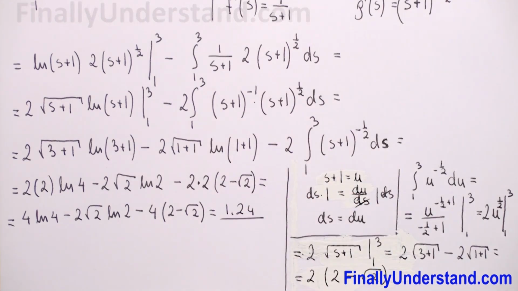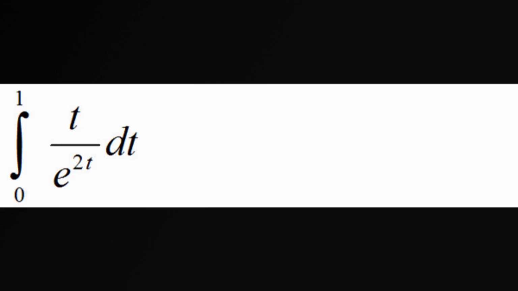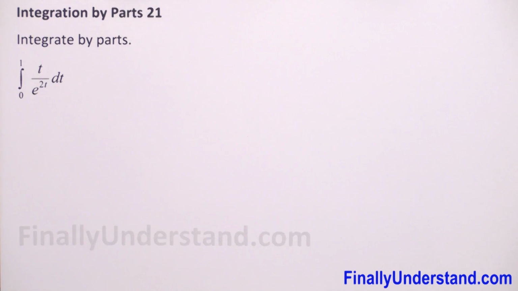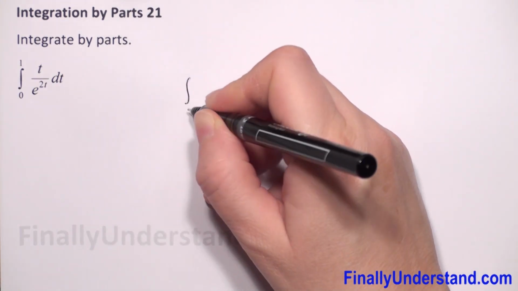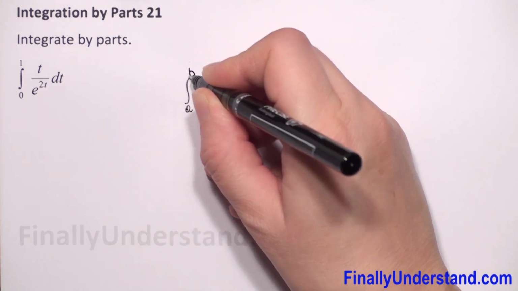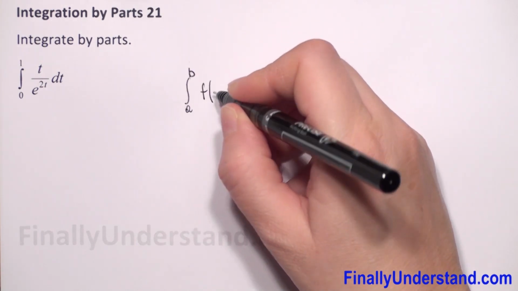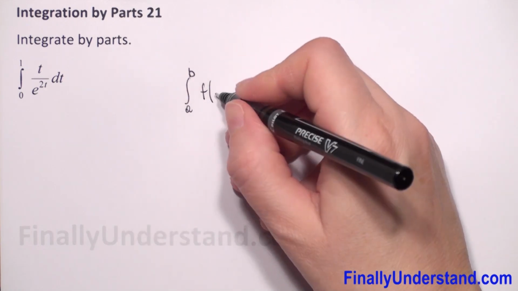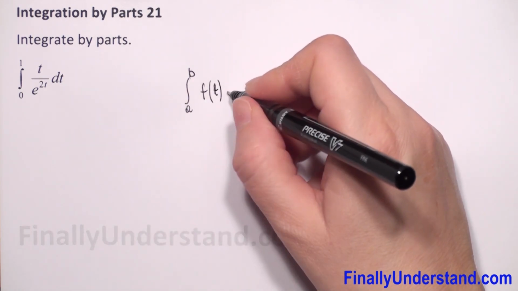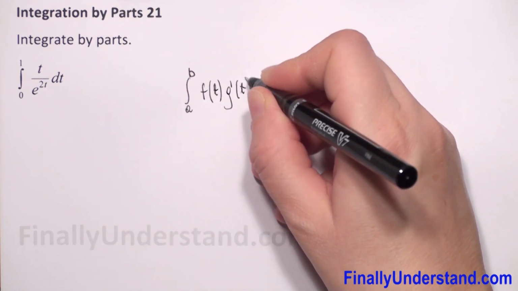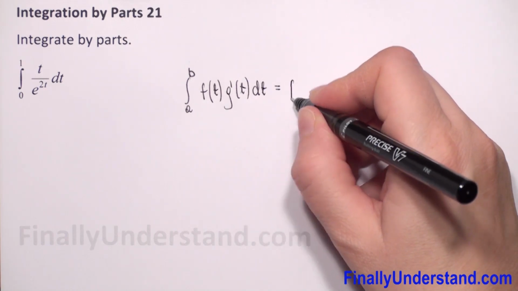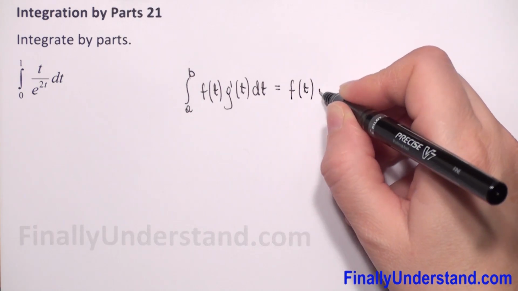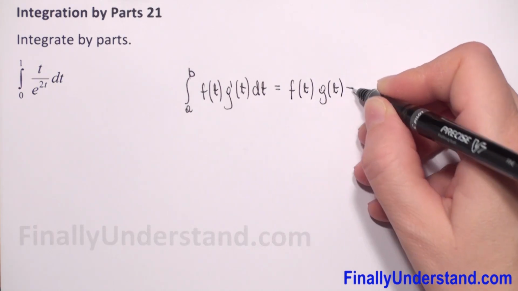This is my solution. We have to find definite integral by parts. So first let me remind you of this formula. When we have integral from a to b of f of, in this case we have with respect to t, so I will put f of t times g prime of t with respect to t, this is equal f of t times g of t minus.